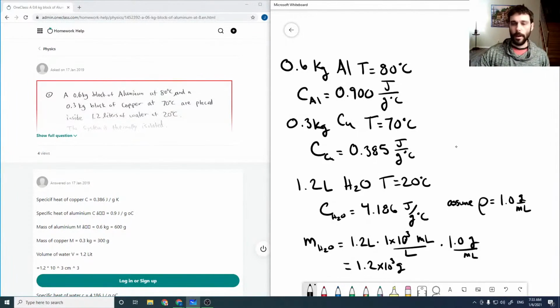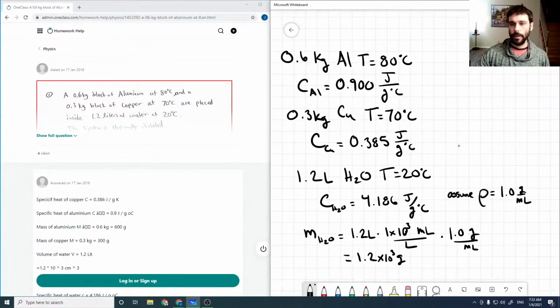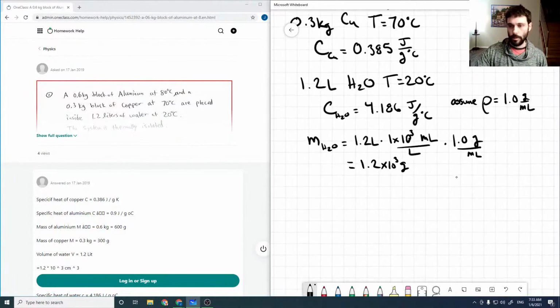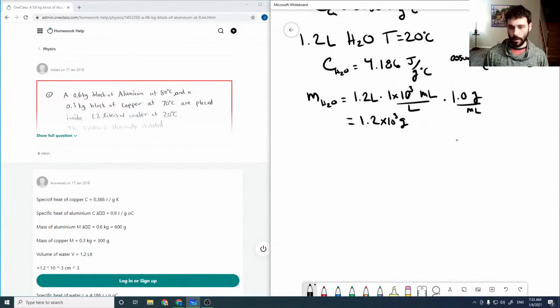So now all three of these objects are placed together, and the question wants us to calculate what the final temperature is. The key thing here is that delta H for our system is 0 if it's isolated, which we're assuming in this case.